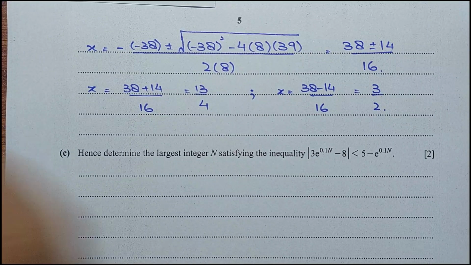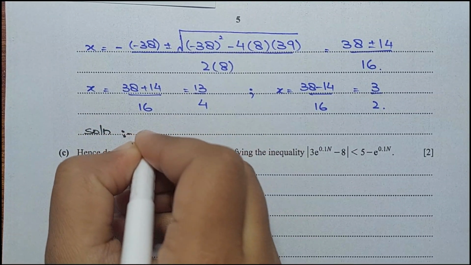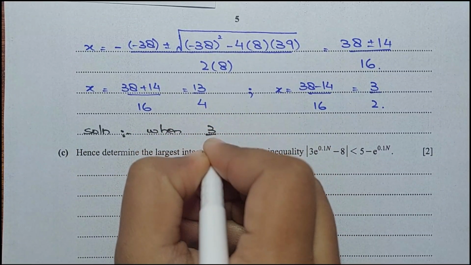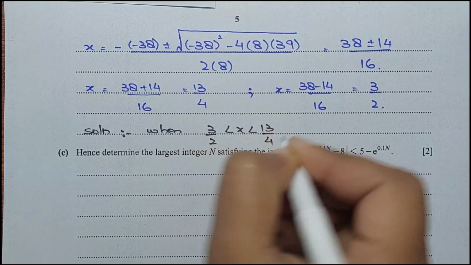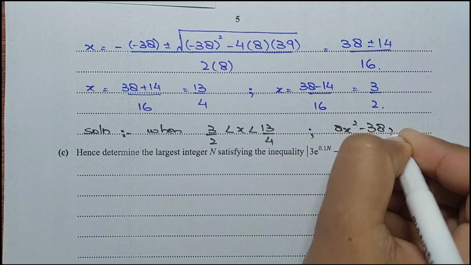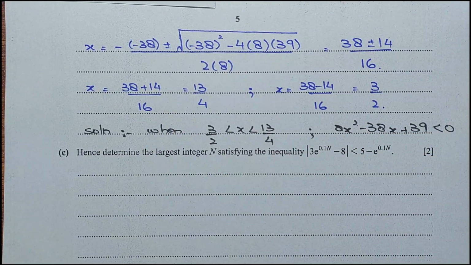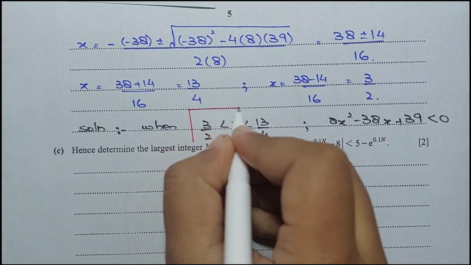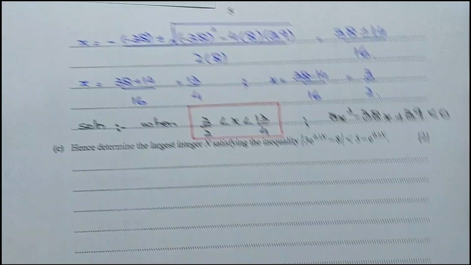So now we can write down the solution: when 3 by 2 is less than x is less than 13 by 4, we can say 8x square minus 38x plus 39 is less than 0. So this is the solution. These are the set of values of x where this inequality holds.